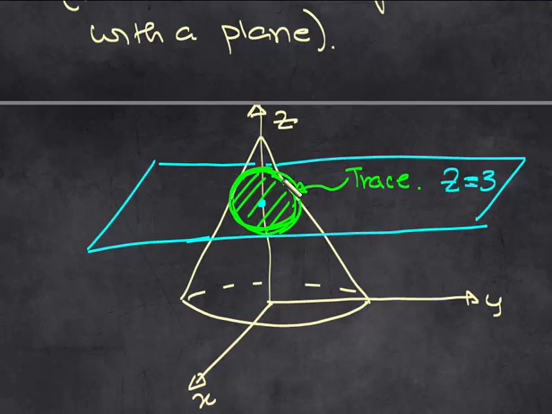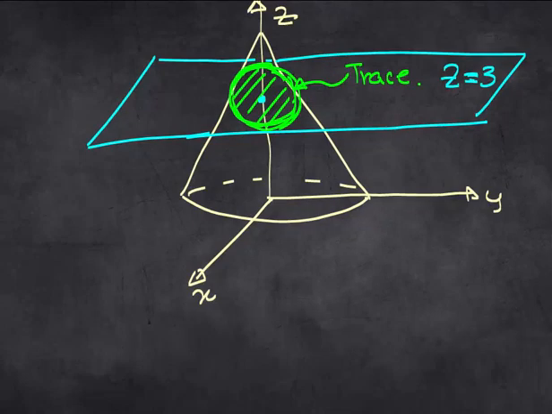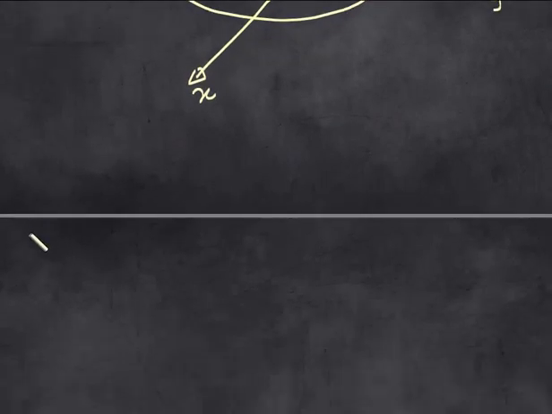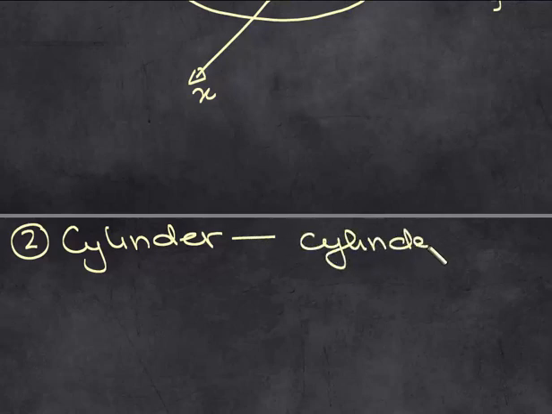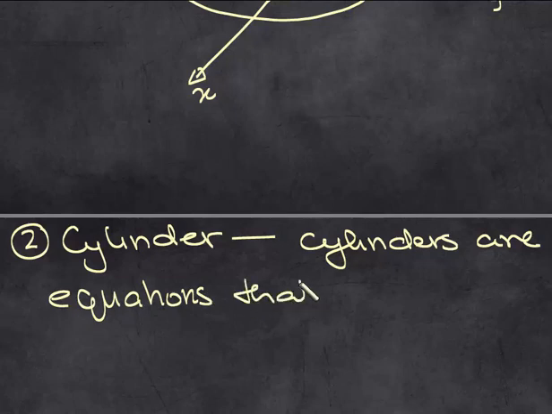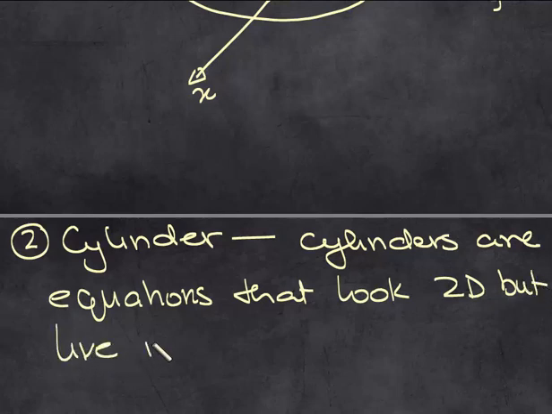Okay. So the next thing we need to talk about is cylinders. Cylinders are equations that look 2D but live in 3D.